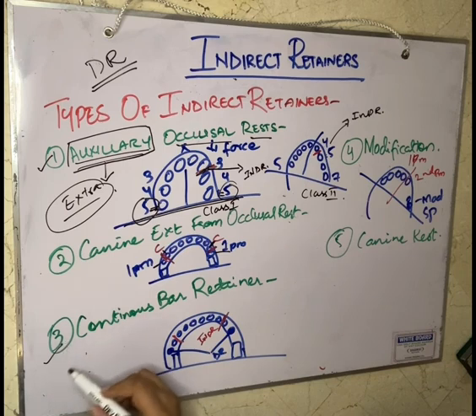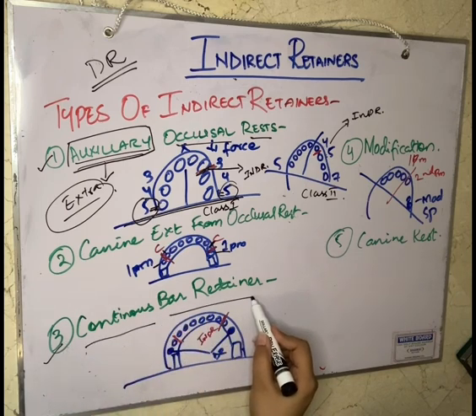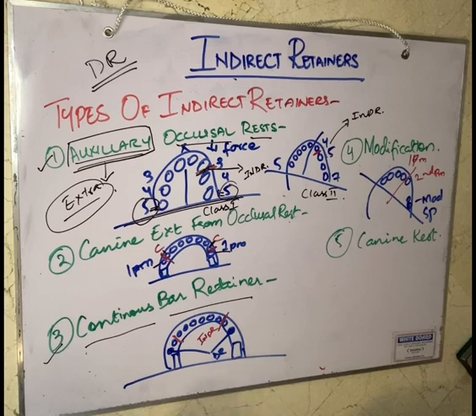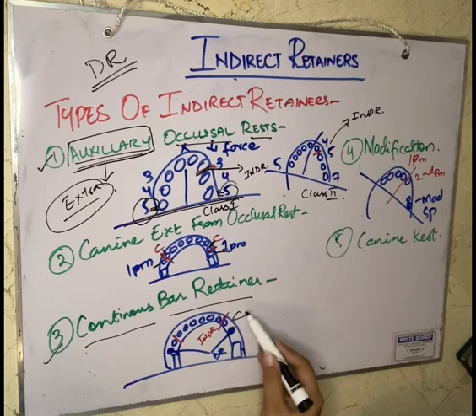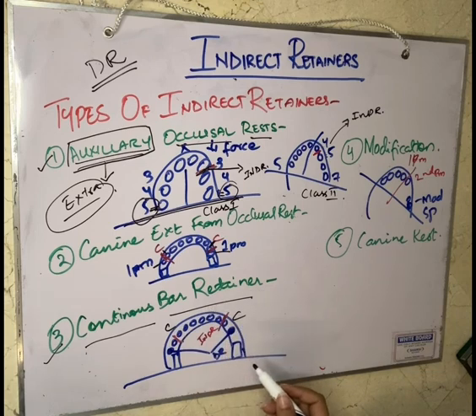The next is the continuous bar retainer, right? So what happens in these is that the premolars and the molars in the distal extension base are present, and the red mark is basically the canines, right? And in which we fabricate over in our RPD, and this will help and rest on the cingulum area of the anterior and prevent rotation.